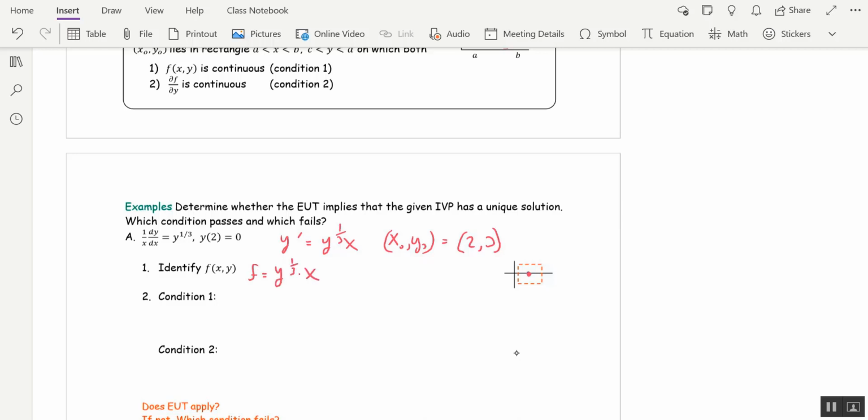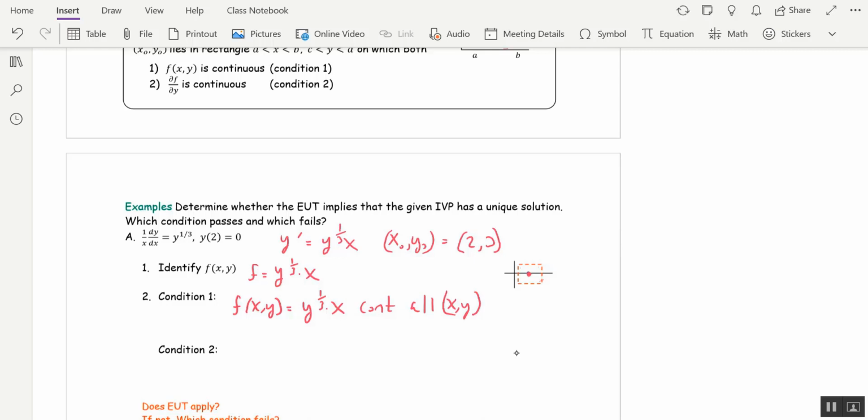So condition 1: f of x, y equals y to the 1/3 times x. The question is, is that continuous for all x, y in a little rectangle around the point (2, 0)? Well, this is continuous everywhere, so it's certainly continuous in a little rectangle around the point (2, 0).